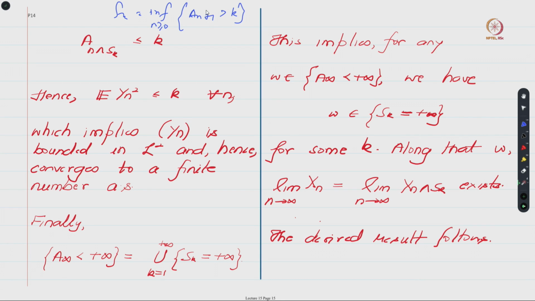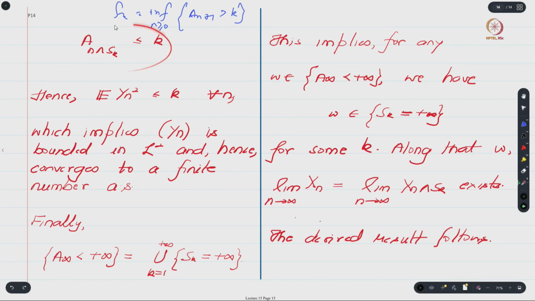So we can show that until you hit this set, A_{n min S_k} is computed before you hit that set, and since you have not hit this set, in other words your A_n values are still smaller than k, one can conclude that A_{n min S_k} is actually less than or equal to k for all n. This is a very important conclusion, you will soon see why, and it is a very interesting conclusion which just follows from the definition of S_k and the fact that you have plus 1 over here.